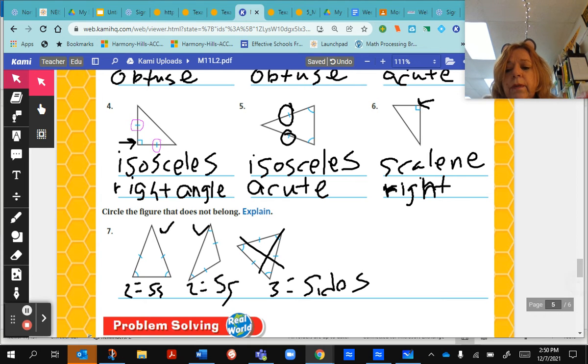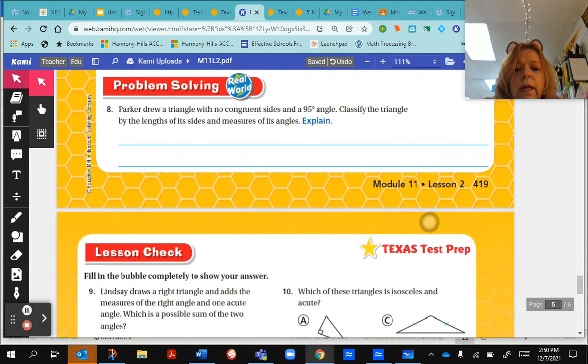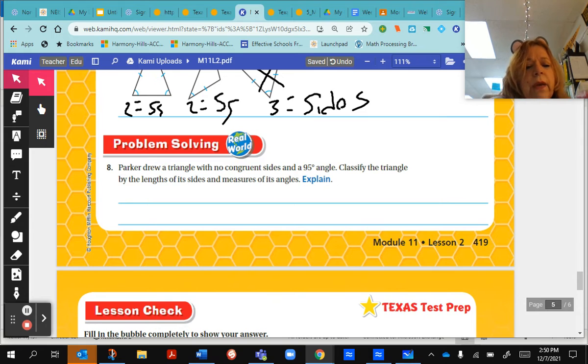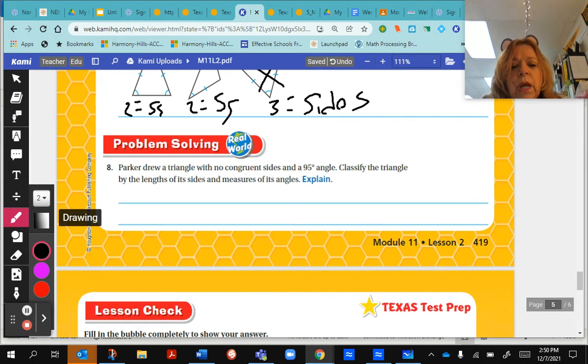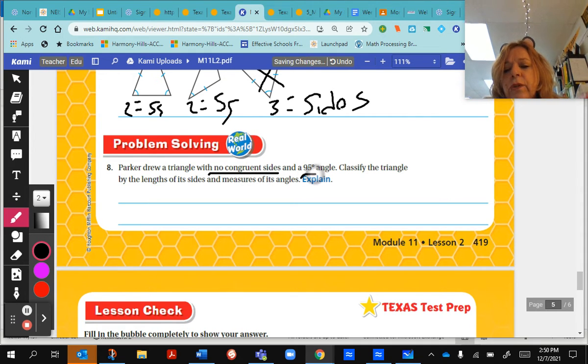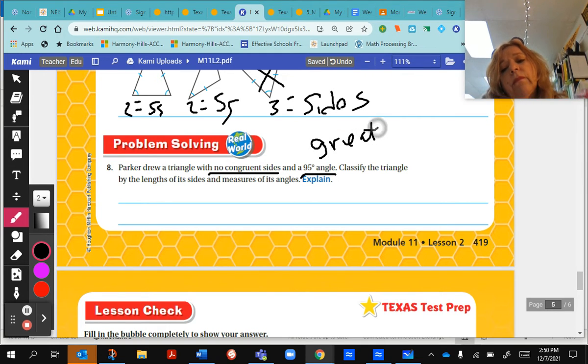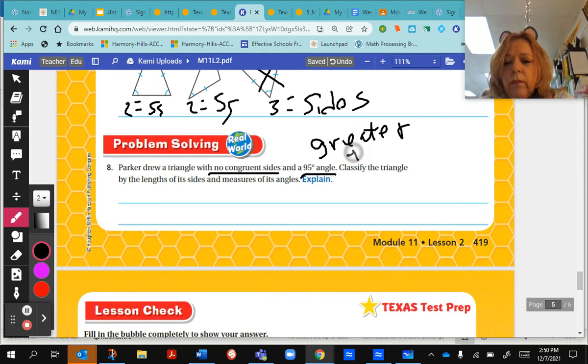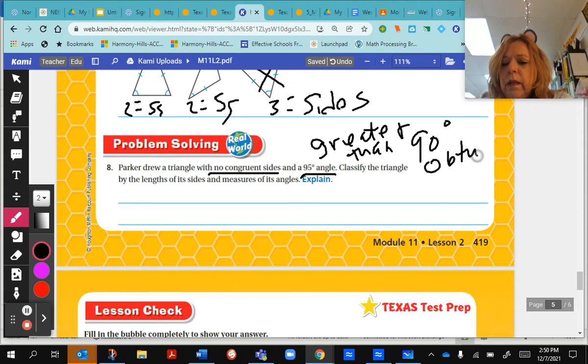Let's go to the next one. Parker drew a triangle with no congruent sides and a 95 degree angle. So I know that there's something greater than 90, so it's got to be an obtuse, right?